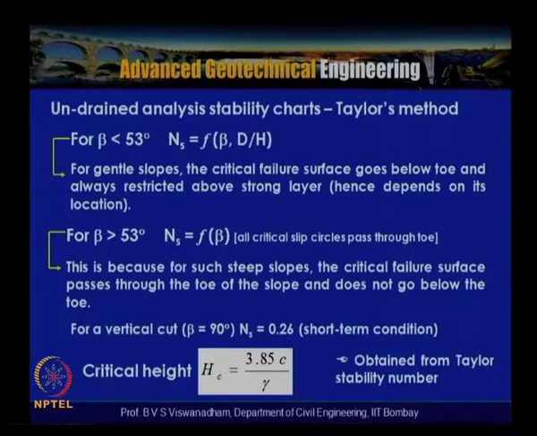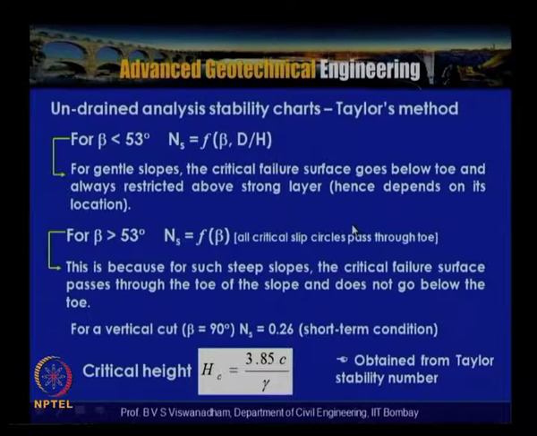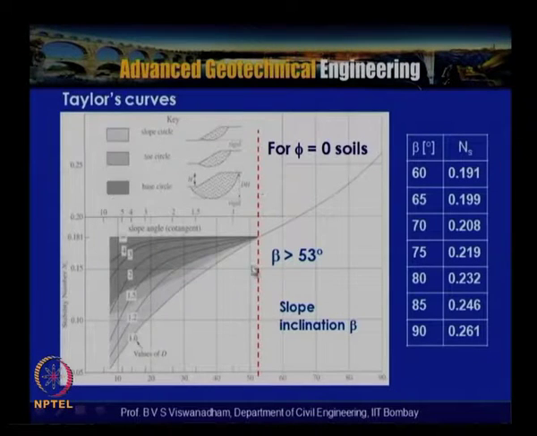So for a vertical cut, beta is equal to 90 degrees and Ns is equal to 0.26 under short term condition, with factor of safety equal to 1 at a critical height Hc, and we get 3.85 Cu by gamma. This is obtained from Taylor's stability number. So in case of undrained condition, either with slopes or with vertical cuts, we can use this.